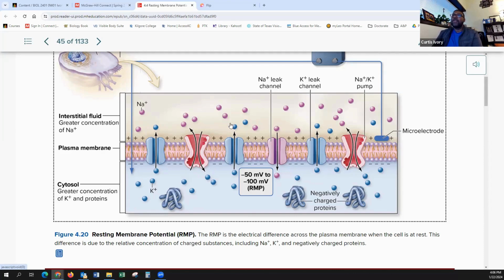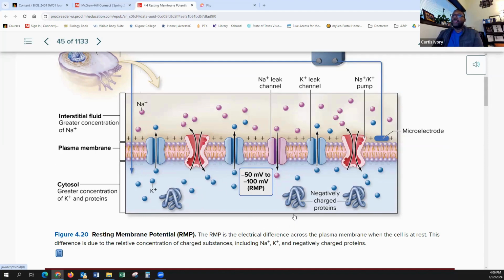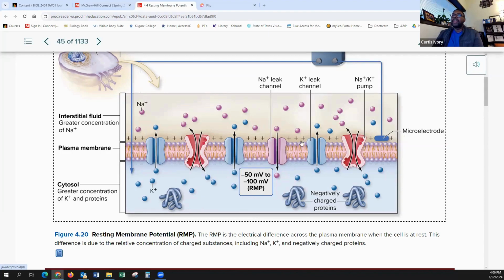That's what these channels are for, because remember, these are too big to fit through here. The outside of the cell is a lot more positive, and this side of the membrane is a lot more negative. This is what membrane potential refers to: an electrical difference across the membrane when the cell is at rest.